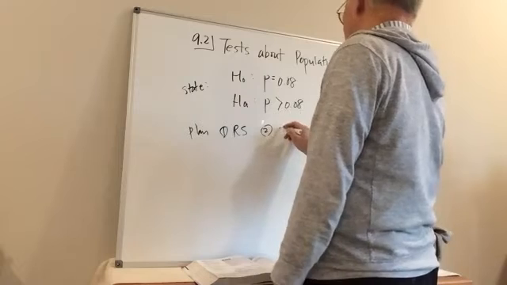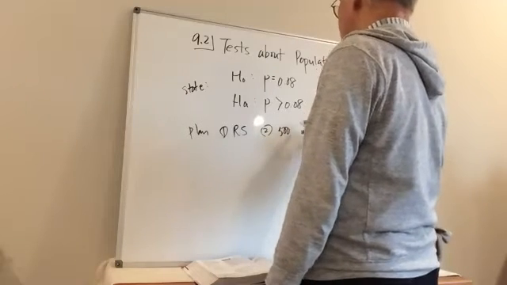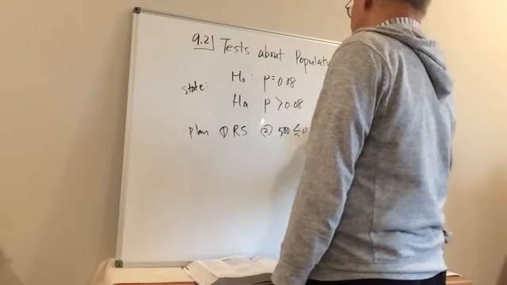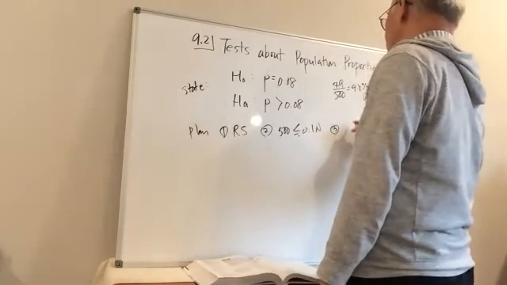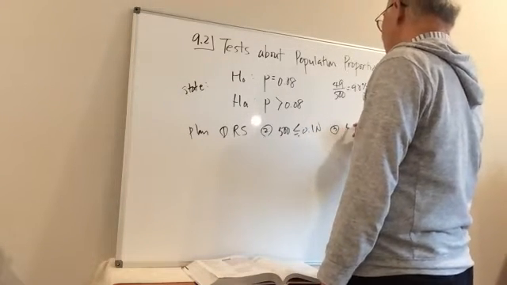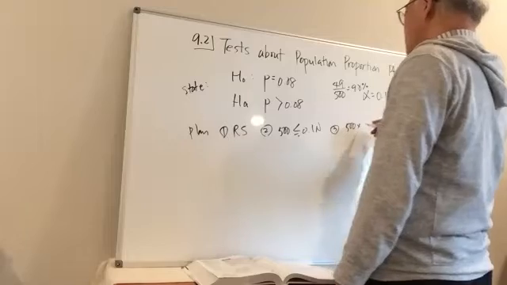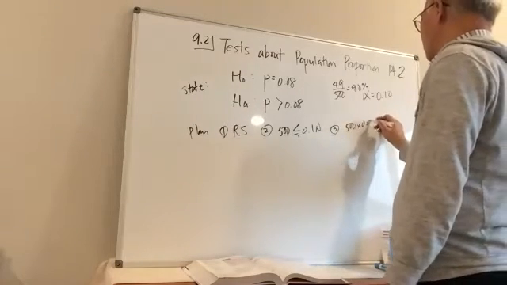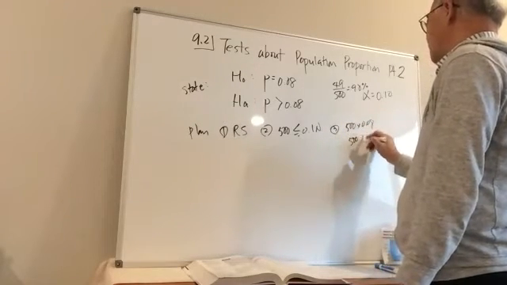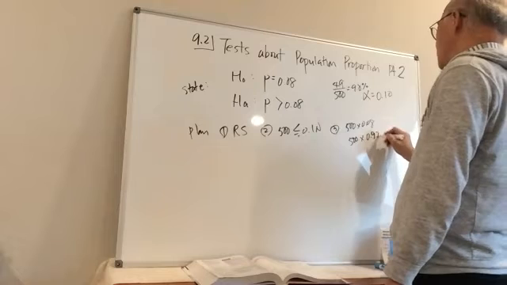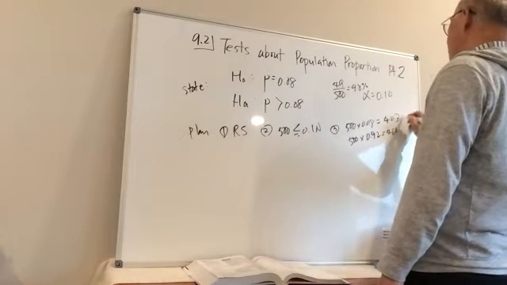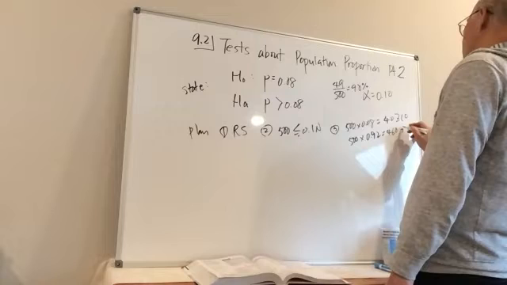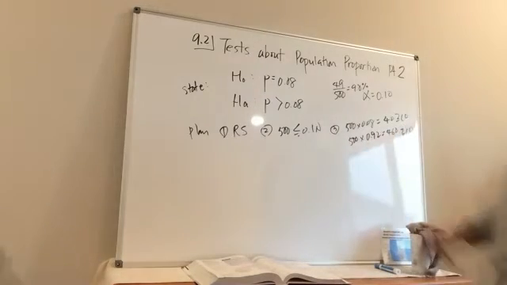Two, we are taking 500, which is less than 10% of the entire truckload. And three, we have np and n times 1 minus p. Both of these are greater than or equal to 10, so the large counts condition is also satisfied.